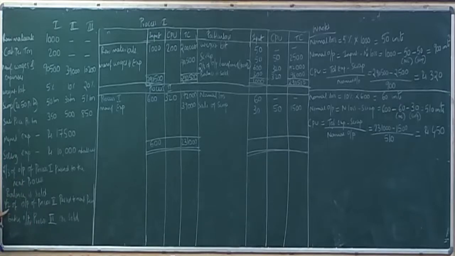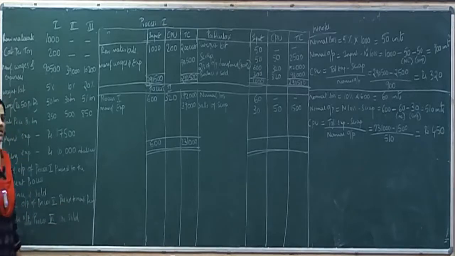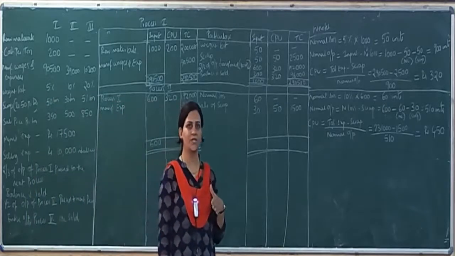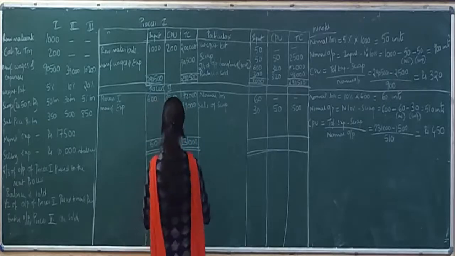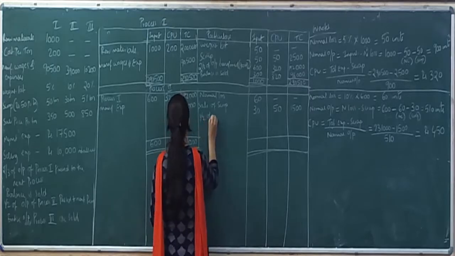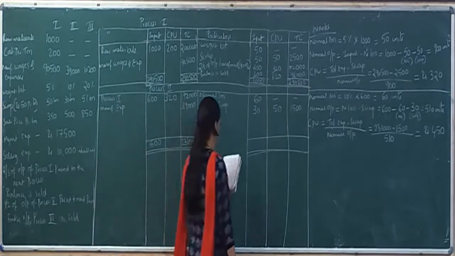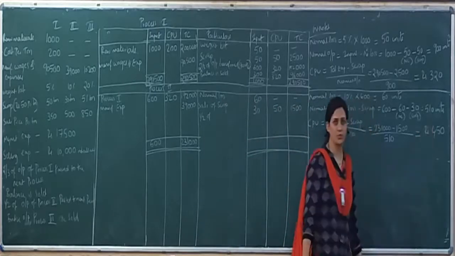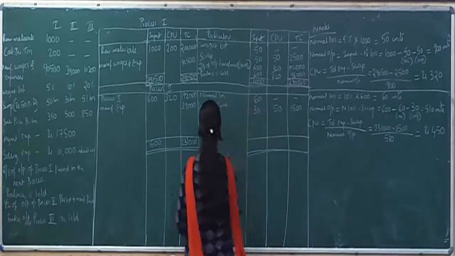Next we will see how much is sold and how much is to be retained. Half of the output of process 2 is passed to the next process. Means the entire output is not transferred to the next process. Only half of the output is transferred and the remaining half is assumed to be sold. So we will write here half of the output. Our normal output is 510. Since we don't know the actual output, this has to be taken as the output.